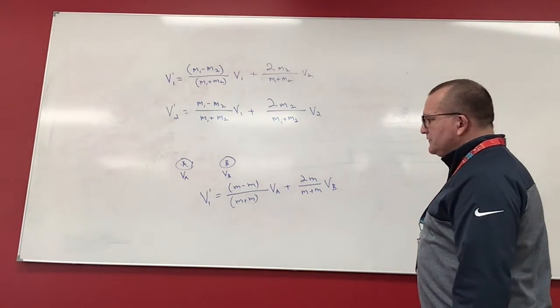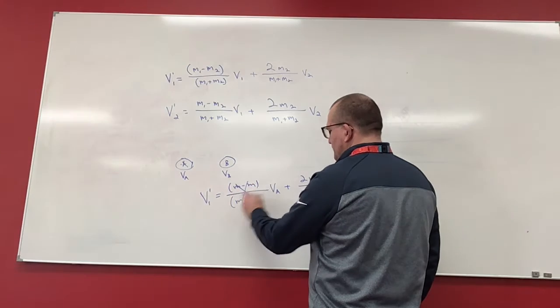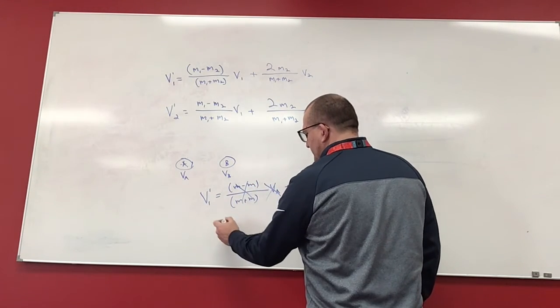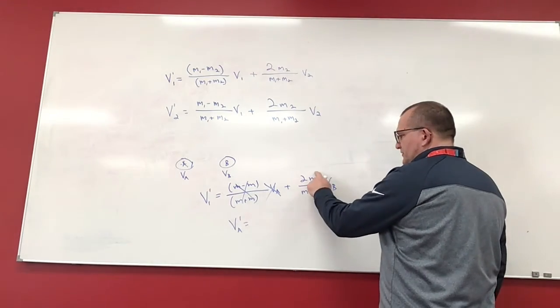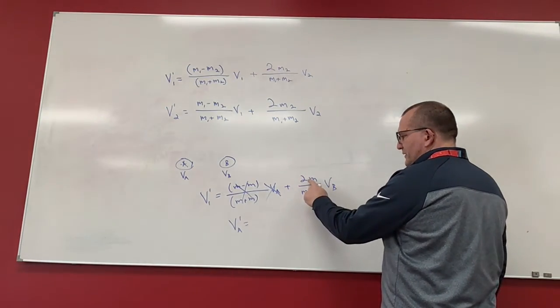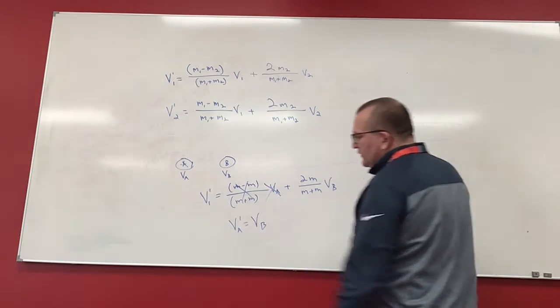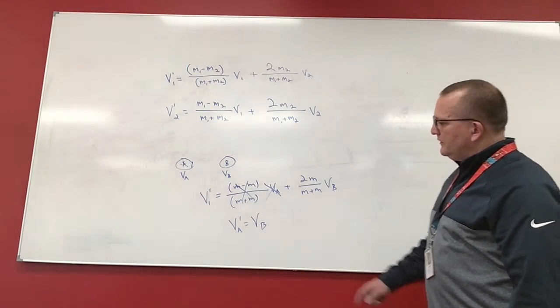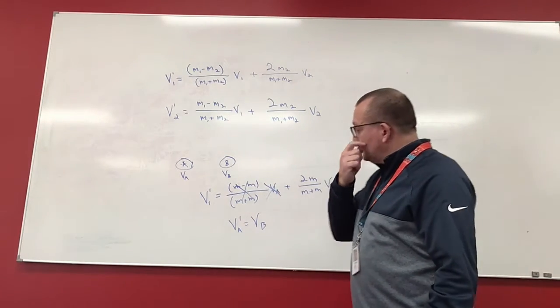First off, this is 0 over 2m, that's 0, which means this term is 0. So the final velocity of A is equal to 2m over 2m, which is 1, times VB, which is VB. So A's final velocity is equal to B's initial velocity.